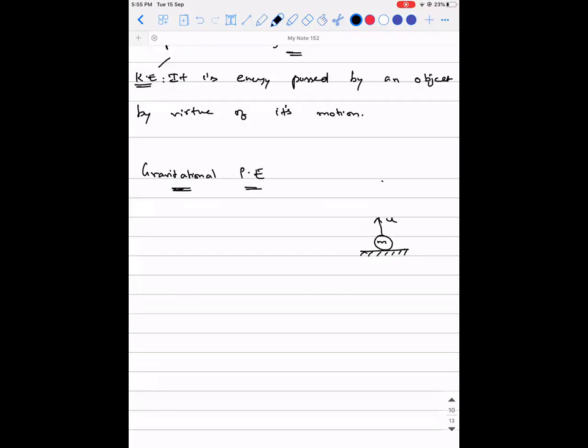Now, this object is going to reach a maximum height where its velocity is going to be 0. Right? The important question that we need to answer is, what is the energy possessed by this object when its distance is changing?